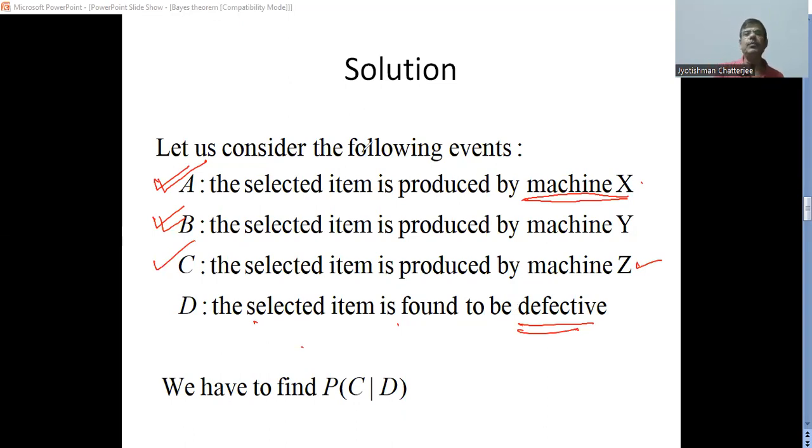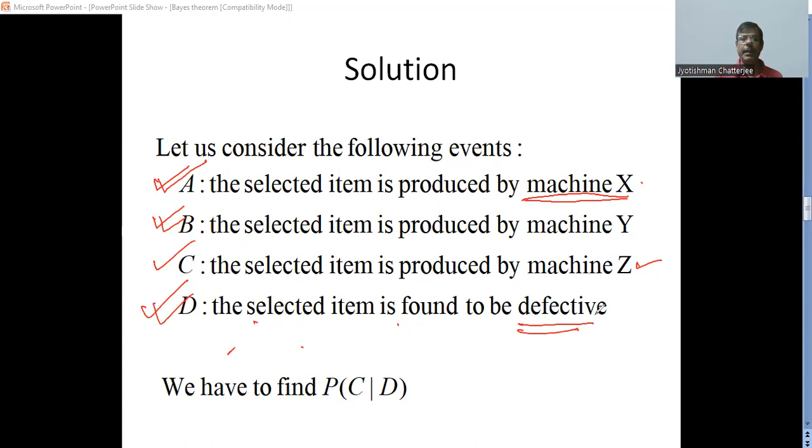So any of these four events might have occurred or might not. Right? Now, what we are given is that event D has occurred, because we are told that whichever item the quality inspector picks up, that item is defective. The item is found to be defective.